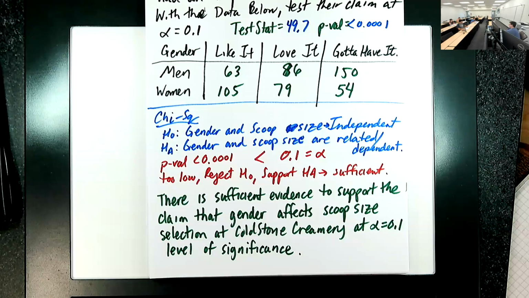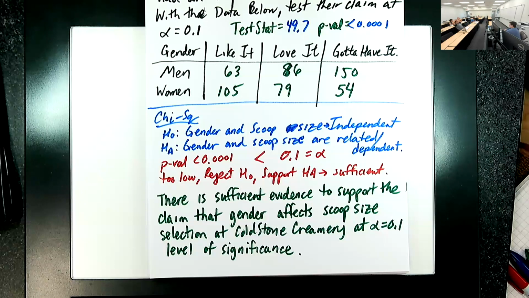Any questions on that one? Kiara, you good? Yeah, because I'm thinking about H naught and HA and how if I said something like gender and scoop are unrelated instead of independent. That's fine. I'm thinking about vocabulary for both of those.